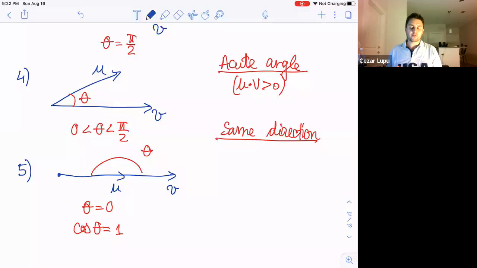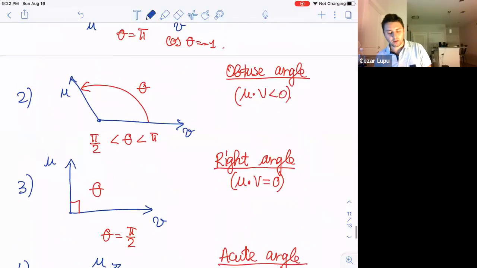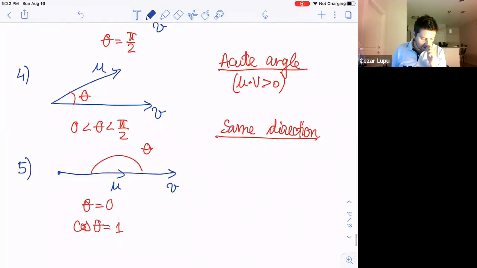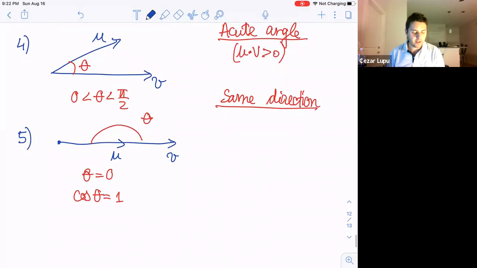And now we want to mention something. So these are the situations, as you can see. And now these vectors that have their dot product equal to 0, we'll call orthogonal vectors.